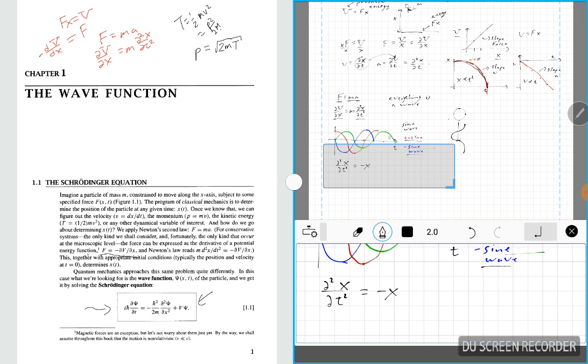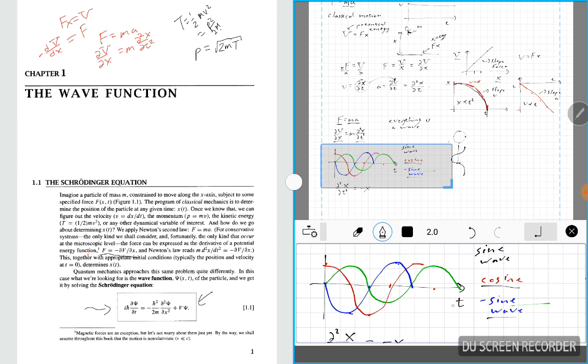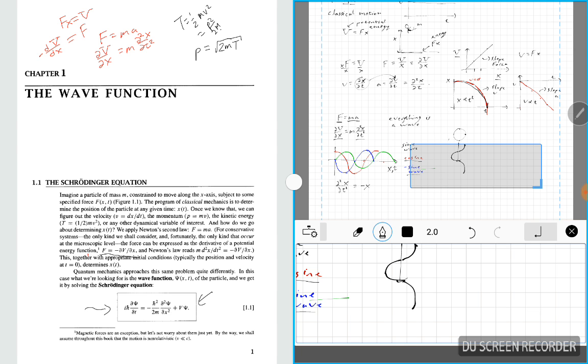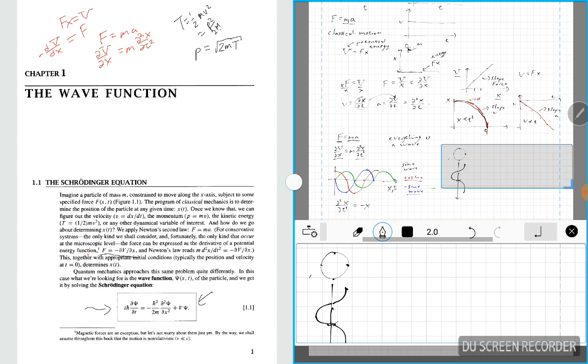I can do the same thing here, considering graphing it as a function of space instead of as a function of time. So I can consider something like a planet rotating around the sun. After every 2 pi radians, or every circumference, it's going to be back at the same position again.